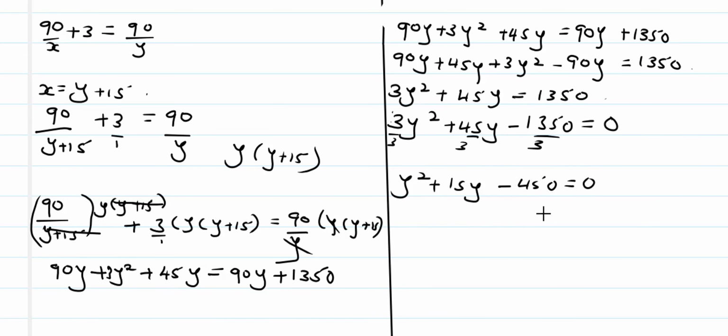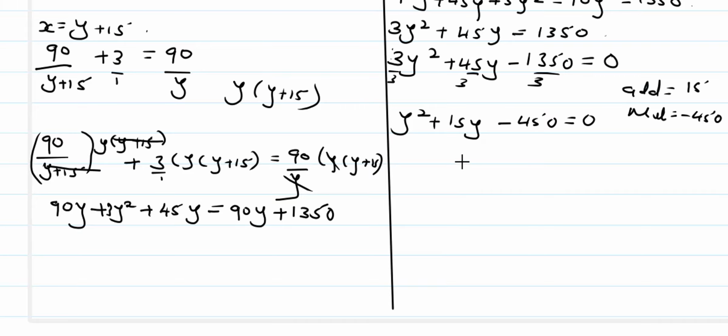So to do factorization, I need two numbers which when I add them give me 15, and when I multiply them give me negative 450.